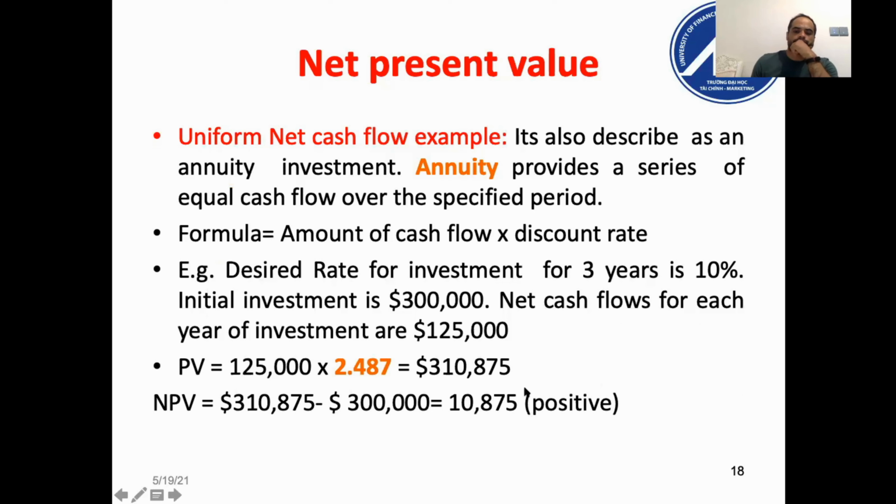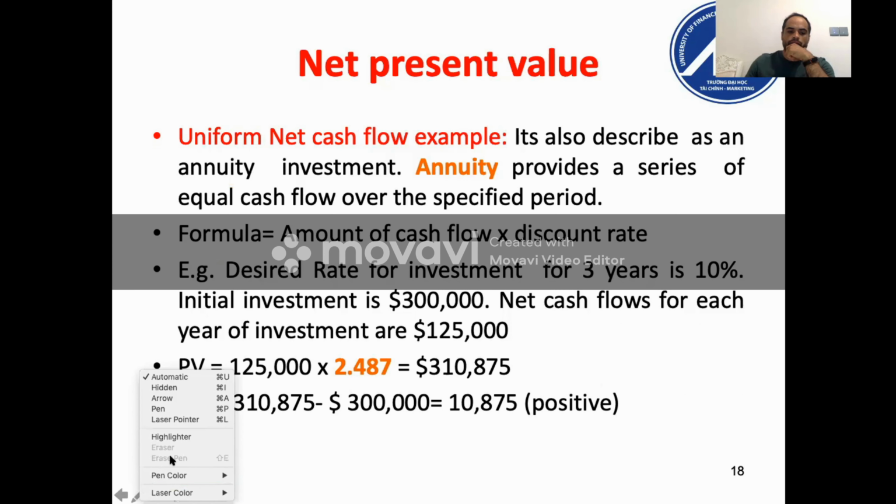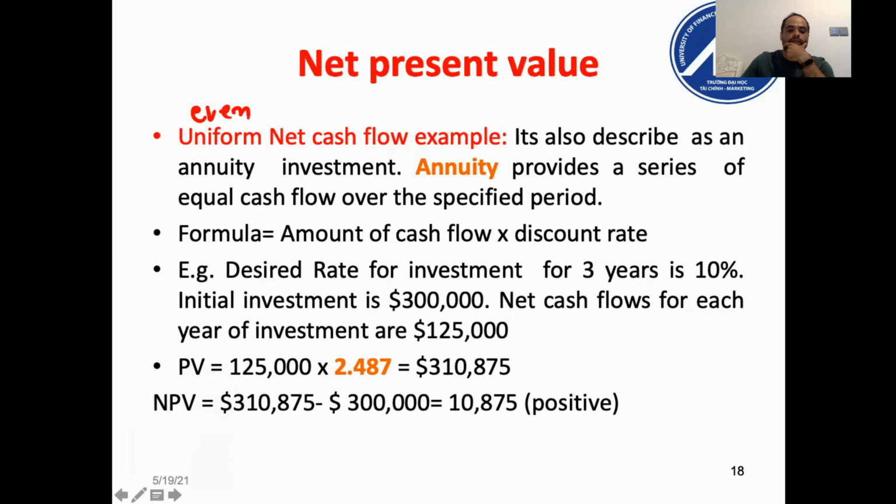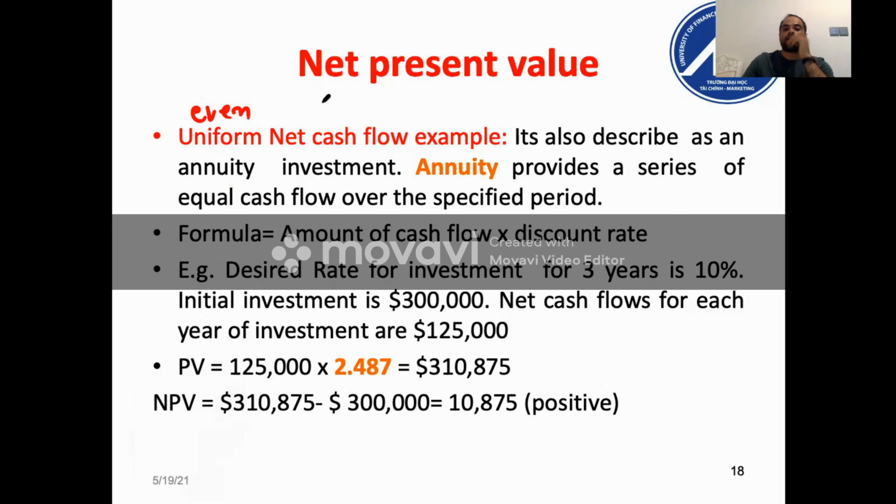Here is a question. So first is your uniform cash flows. Uniform means even cash flows, right? So formula, you know that.